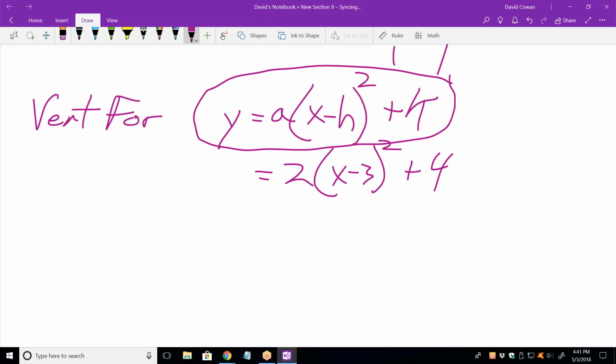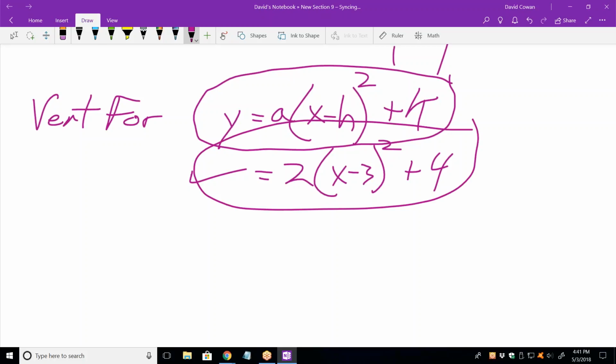So what's the vertex of the one I've given you right here? Where's the vertex located? The vertex is the parentheses, I think. Well, what number? Give me a coordinate. I've given you everything you need to know the vertex right there. 3. Good? 3 and what? 3, 4. K is the y coordinate of the vertex. H is the x coordinate.